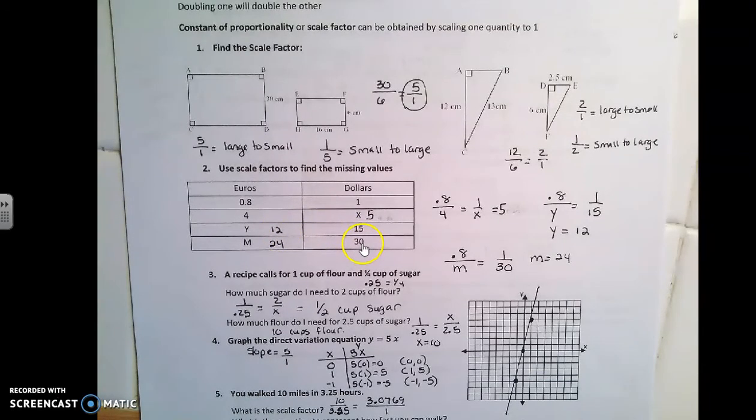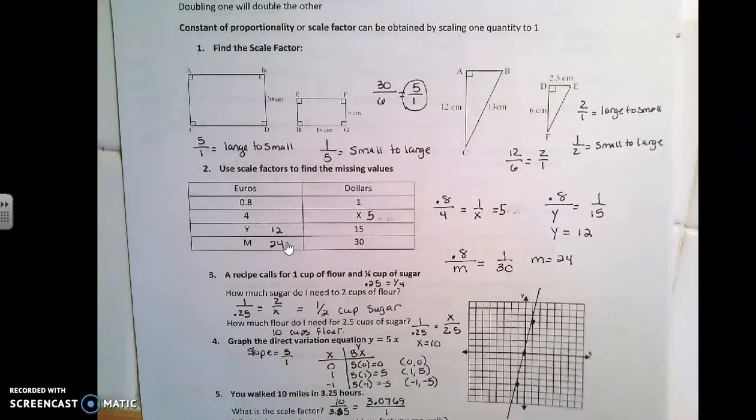And again, here's another example where we have $30, and that would be equivalent to 24 euros. Notice also that for the bottom two examples, the number of dollars doubled and the number of euros doubled. So that ratio is a constant value that happens all the time.